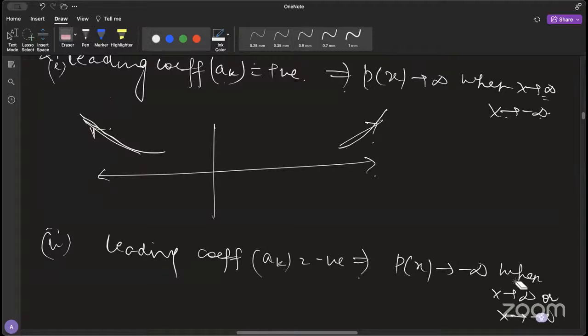I should be writing and. That means whether x tends to infinity, px tends to minus infinity, and when x tends to minus infinity, then also px tends to minus infinity.